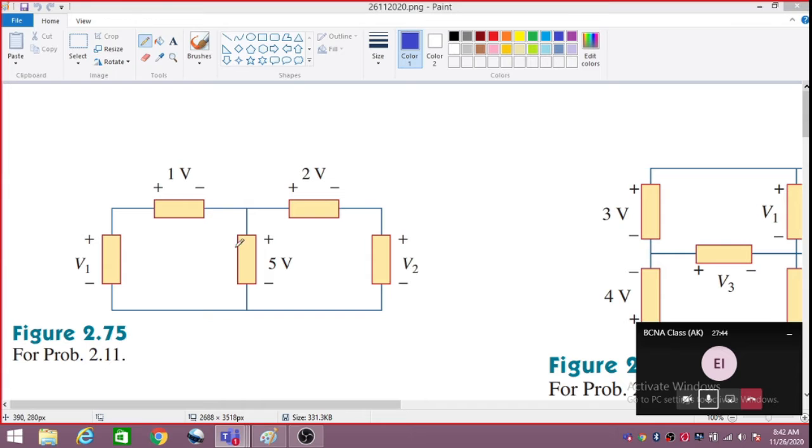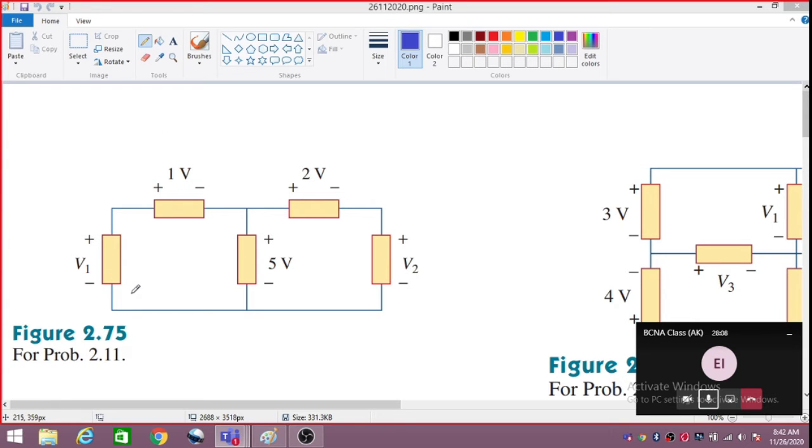When we move through the loop, the sum of voltage rises: I am going from this point to this point, there is a voltage rise, and this point to this point, there is a voltage rise. So the sum of these will be equal to 0.